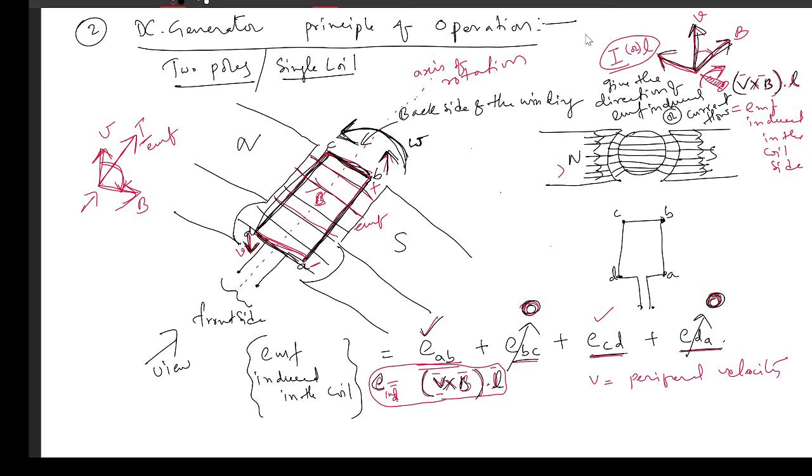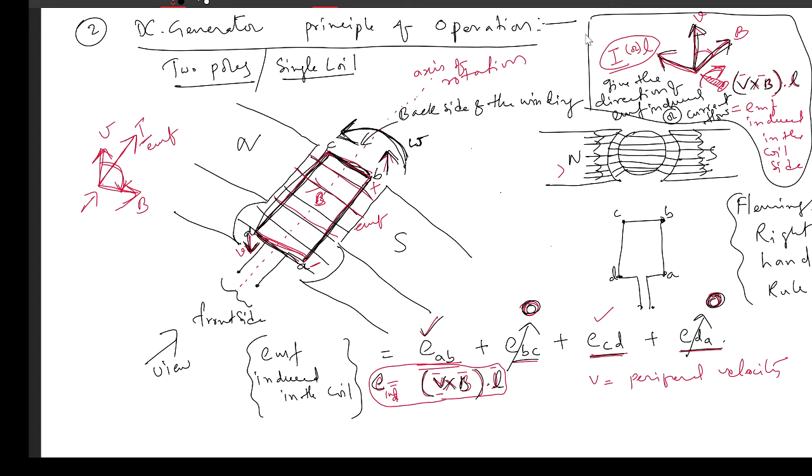Okay, so once we know this formula, you can remember this direction can be also termed as Fleming's right hand rule. This is particularly for generator. Fleming's right hand rule is applicable. For motor, Fleming's left hand rule is applicable. So we are discussing generator. So Fleming's right hand rule is applicable.